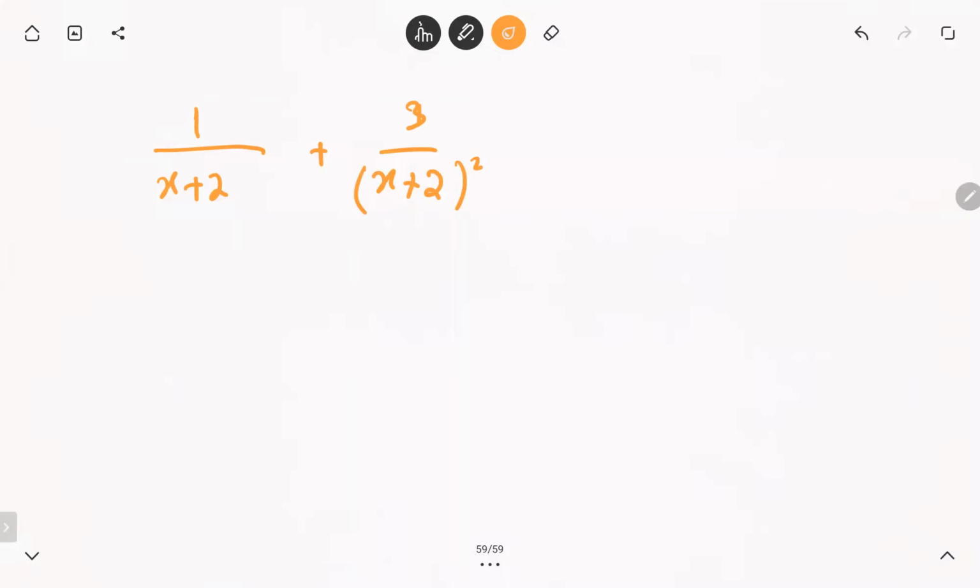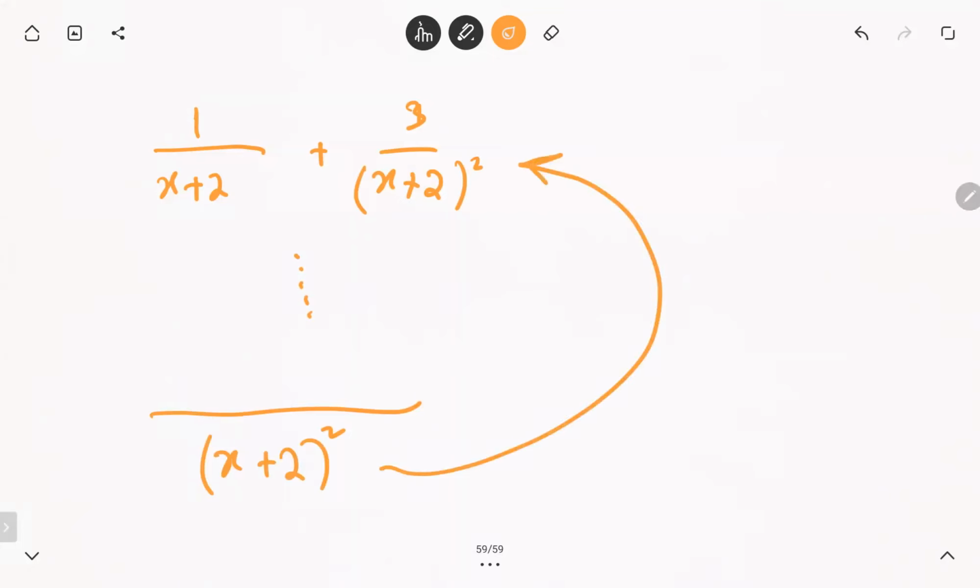Then the LCM was x plus 2 whole square. So इसको अगर आपने LCM आपका x plus 2 whole square आ जाता है तो इसकी अगर रिवर्स सपोजिशन करनी हो तो आप कैसे करेंगे? It means there can be a number a here over x plus 2. There can be a number b here, उसका denominator will be x plus 2 whole square.